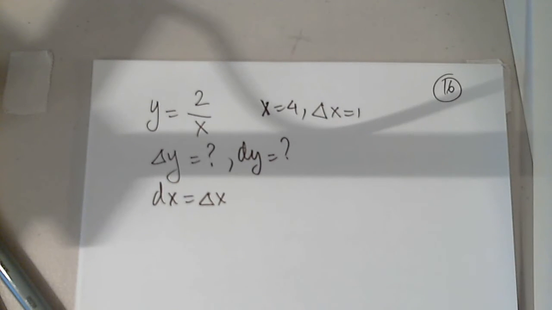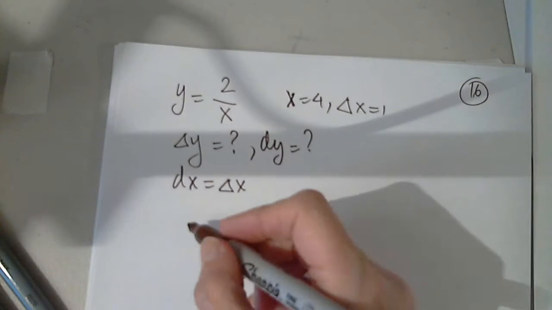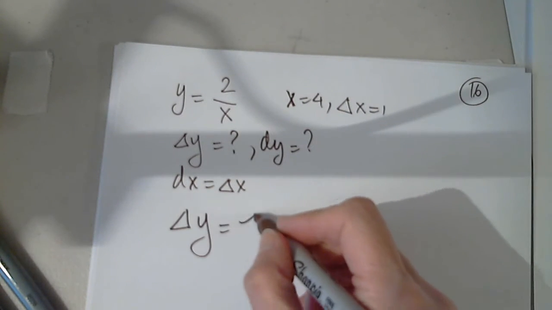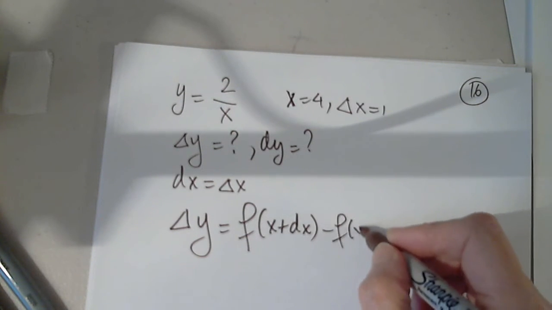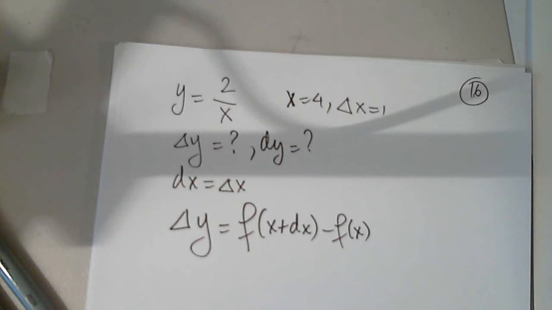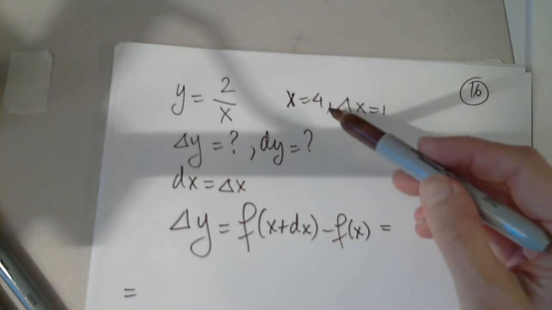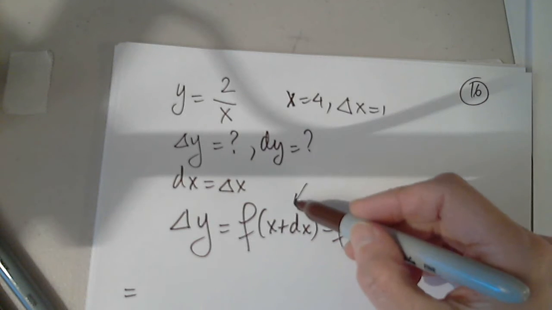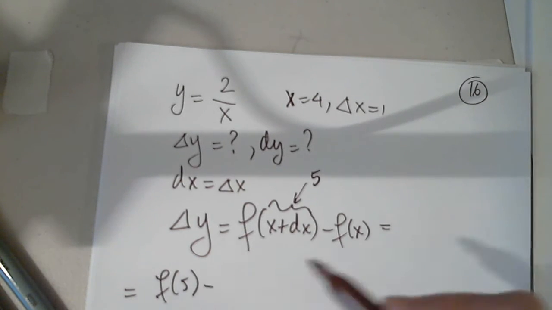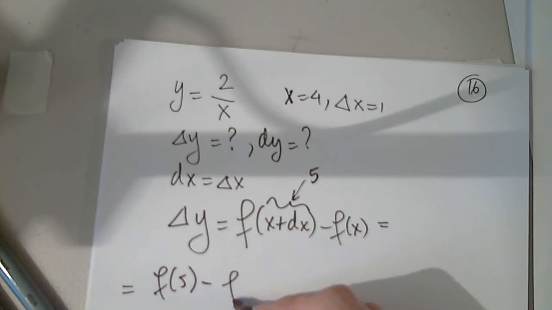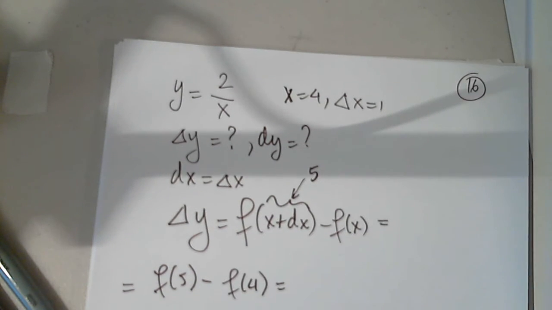Okay, so if I want to find delta y, I have to remember that this is f of x plus dx minus f of x. Okay, x plus dx, this is 5. So this is f of 5 minus f of 4. No problem.